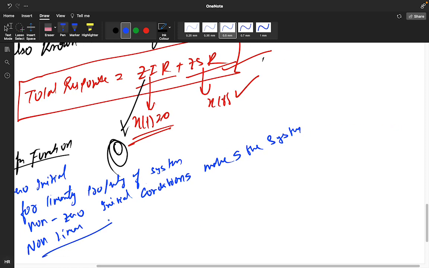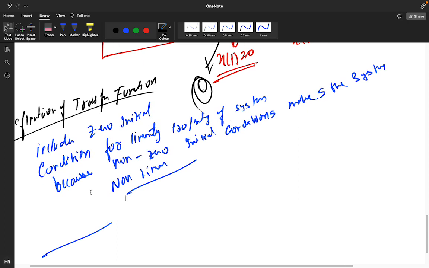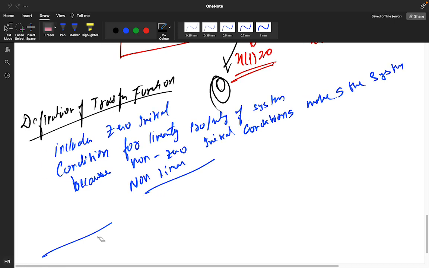Non-linear cannot be your LTI system. For an LTI system, it must be linear, and for linear there will be no initial condition. If there are initial conditions, you will not get the transfer function; you will get a non-linear function.